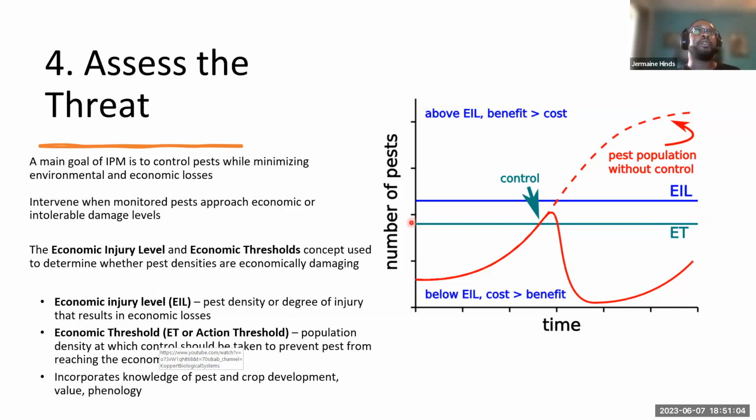Remember, cultural practices create a plant-positive environment, so your plants can tolerate more insect pressure before it becomes a problem. So that will delay the time. If this graph goes up, it will delay any kind of timing you need to go do something corrective.